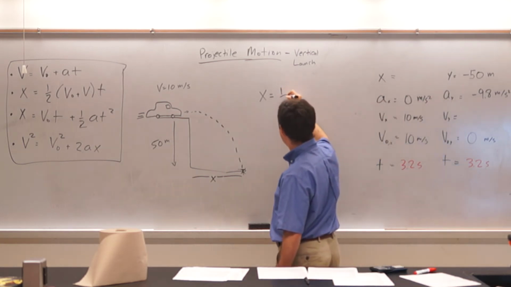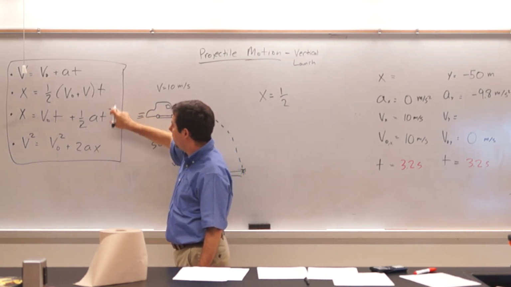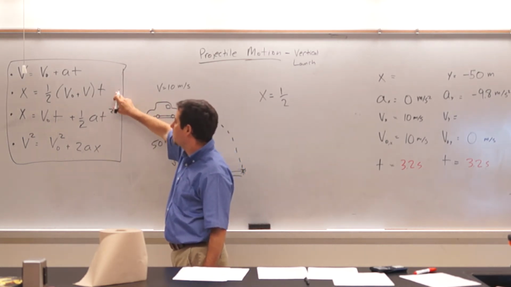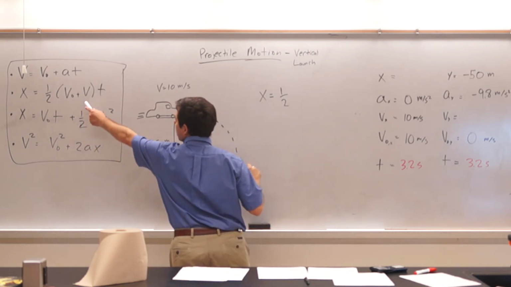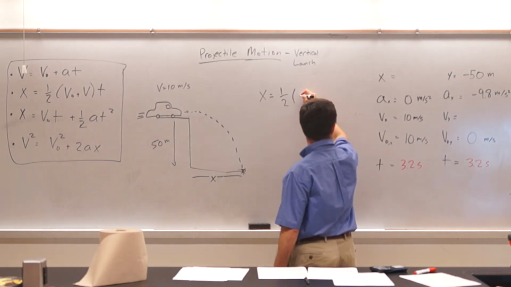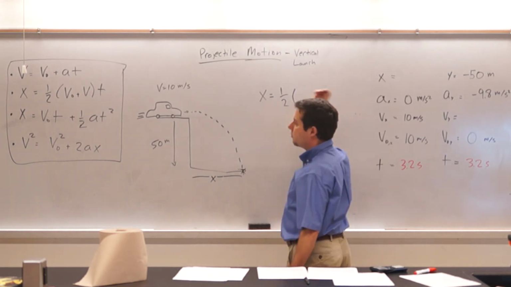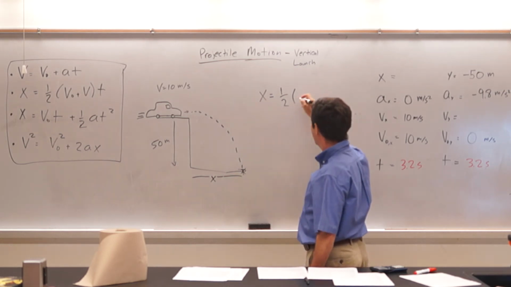I'm going to make this a little simpler, because I could have used this, or this equation. Any of those would work. But I'm just going to pick this one over here. 1/2 times initial velocity. Oh, never mind.